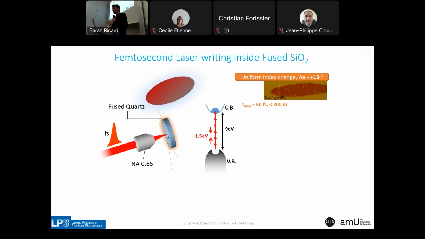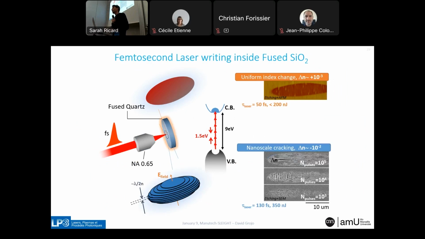So now above this regime where you get index modifications, you can enter what we call the nanostructuring regime. Basically, in the focal volume, by repeatedly ionizing the glass, fused silica in this case, you find these planar nanocracks across the focal volume that come naturally, and that get perfected as you increase the number of shots.